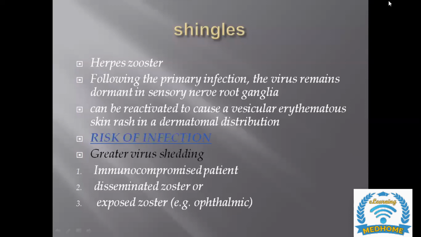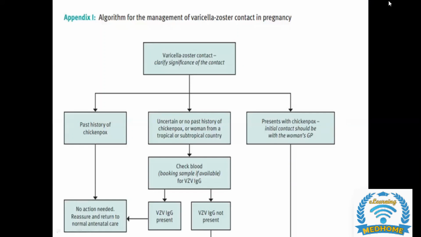If the patient is immunocompromised, it can spread the infection. If the zoster is disseminated, and in most immunocompromised patients every infection is disseminated, or if it is exposed zoster, like in the ophthalmic region, it can be spread. But if it is not exposed, like on the back or shoulders, it cannot be spread. So in which cases can shingles be spread?